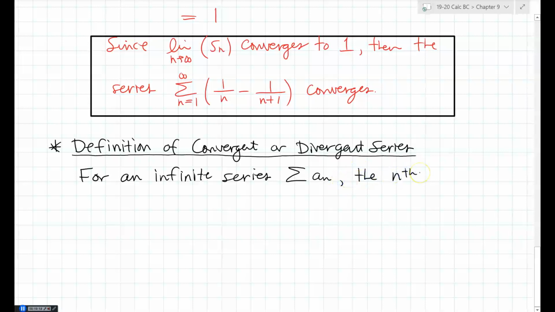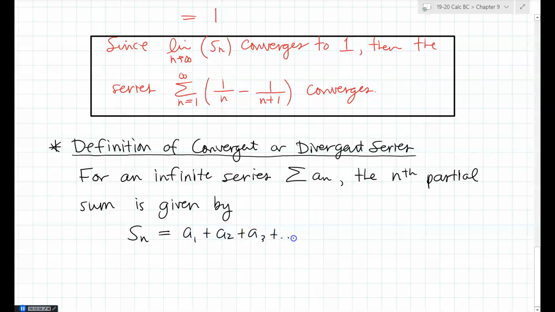The nth partial sum is given by s sub n equal to a sub 1 plus a sub 2 plus a sub 3 plus etc. up to a sub n. So they're just stating something obvious right now, okay?